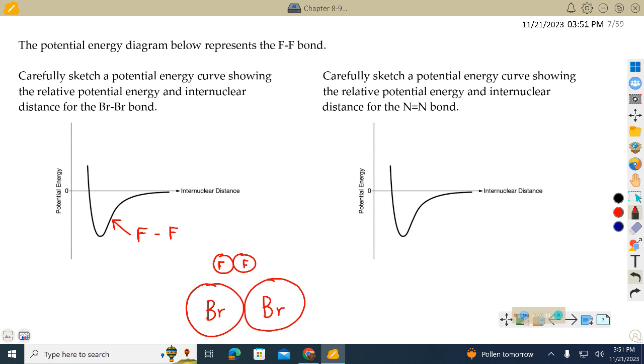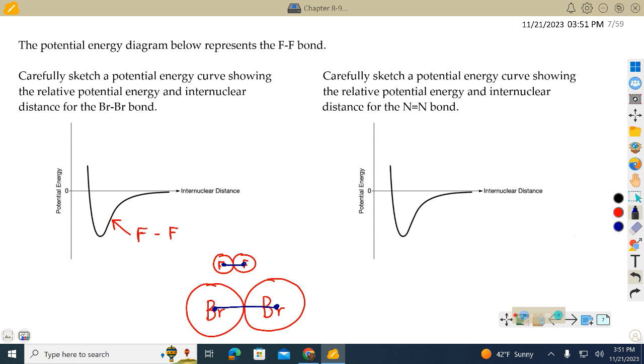Okay, so then I have to think, well, how does that affect the internuclear distance? Well, obviously it's going to be on average larger. The distance between smaller atoms is shorter, and the internuclear distance when I have larger bonded atoms will be larger. So I want the low point on the graph to be at a greater internuclear distance.